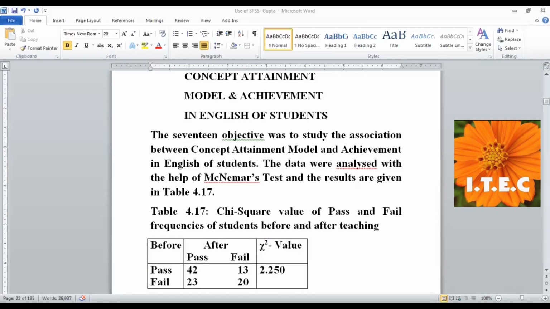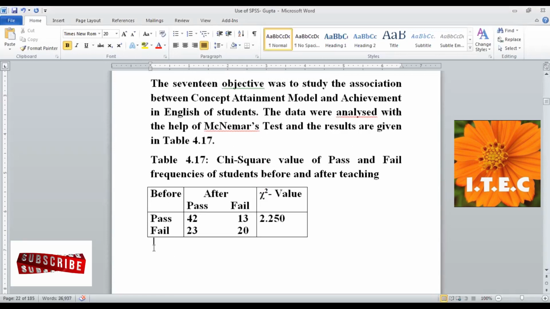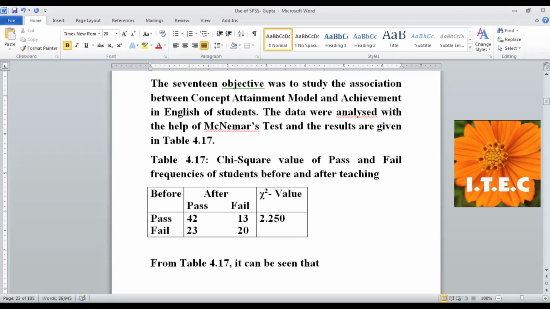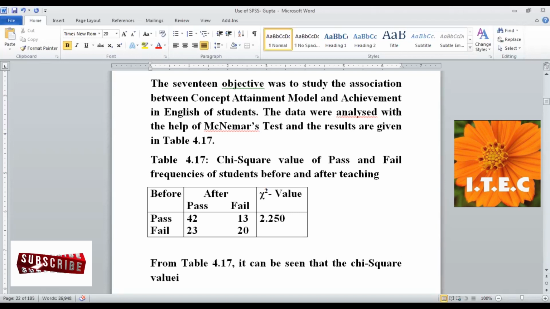So let us see how we interpret. From table 4.17, it can be seen that the chi-square value is 2.250, which is not significant.